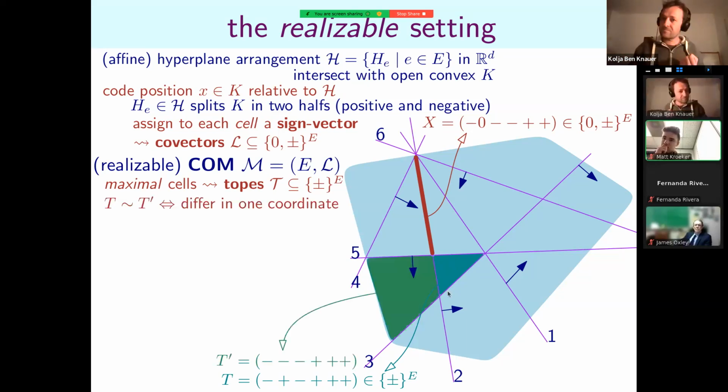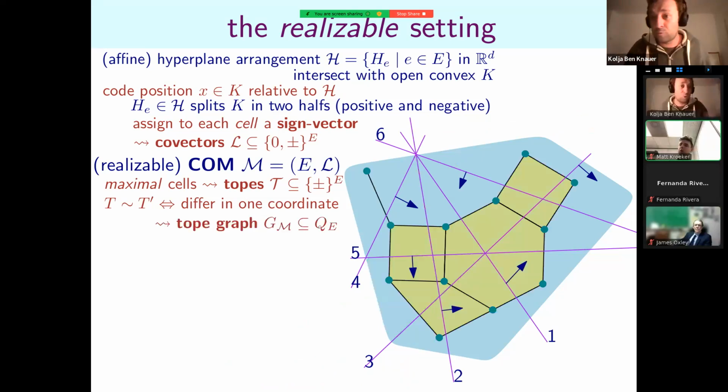Now you can observe what happens if you have two topes which are adjacent. They are just separated by a single hyperplane. Then this means that they just differ in one coordinate, because the points in here and the points on the other side just differ in the coordinate corresponding to the hyperplane that separates them. So that's when you start talking about the graph, which is a tope graph.